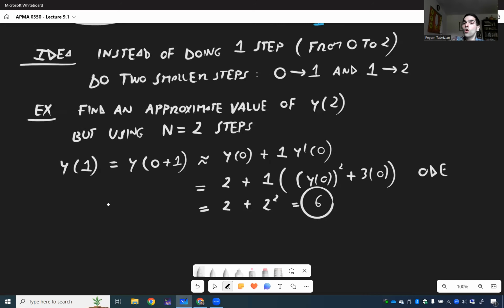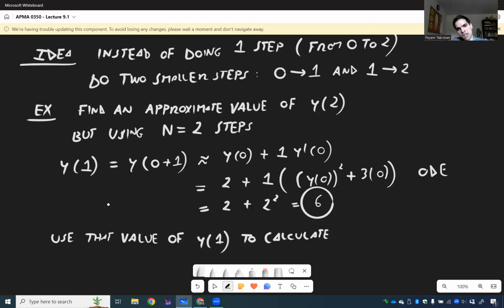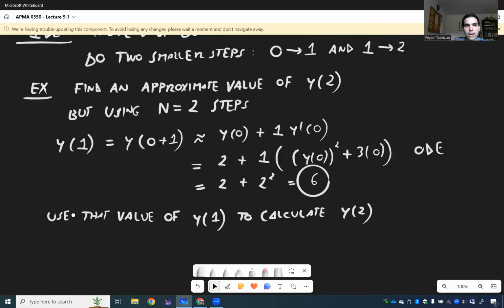And the idea is we want to use this approximate value, 6, to evaluate y of 2. So use that value of y1 to calculate y of 2. So in fact, now let's do y of 2.